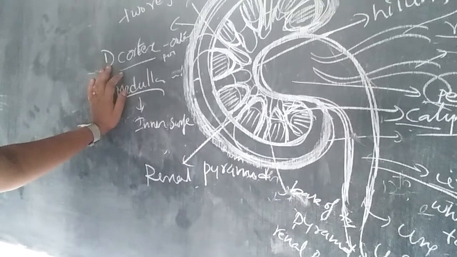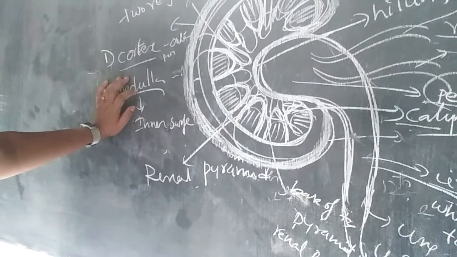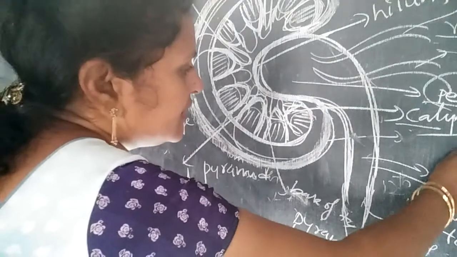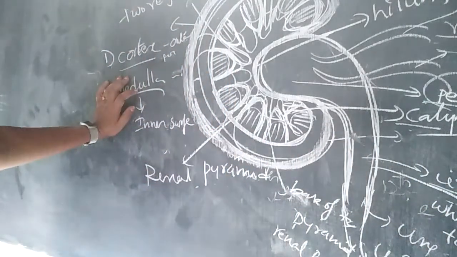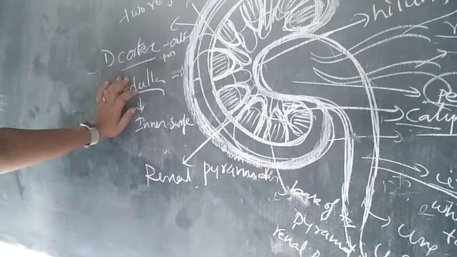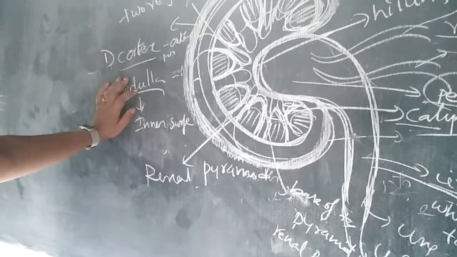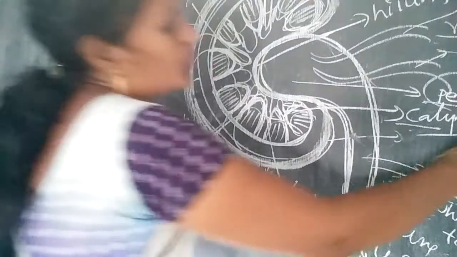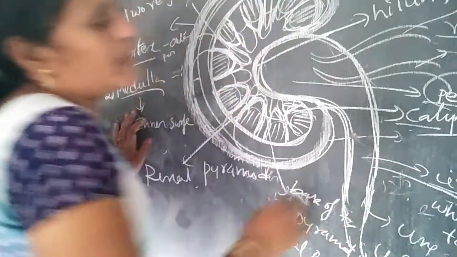It is a thick, muscular, distensible sac, lined by transitional epithelium. It opens into the urethra.